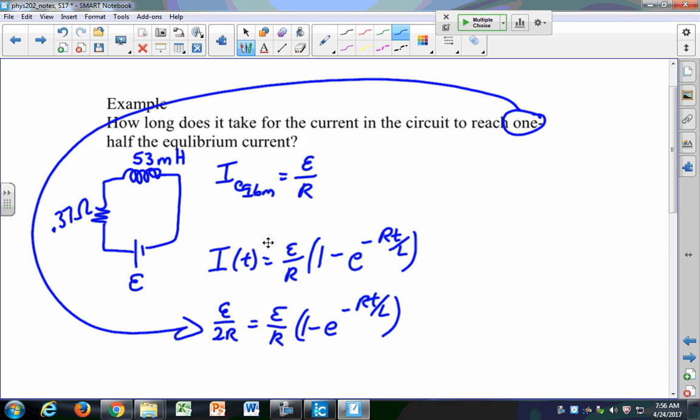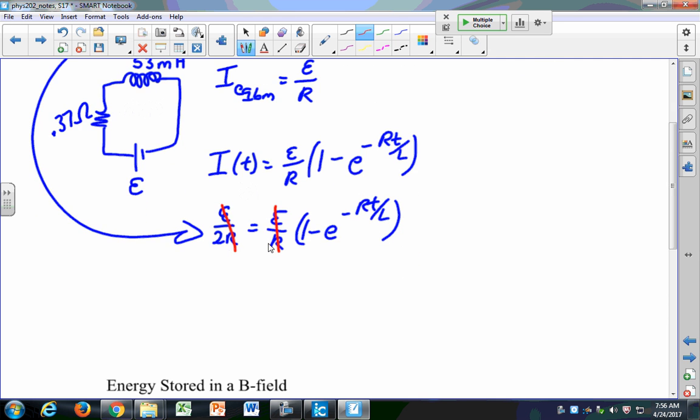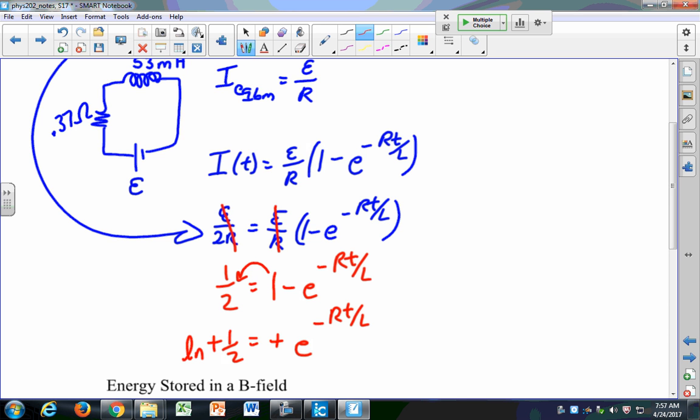I can do some cancellations here. My E over R's cancel out, and I'm left with 1/2 equals 1 minus e to the minus RT over L. This is negative 1/2, because I bring this over, I subtract it from both sides, equals negative e to the minus RT over L. This becomes positive, and then I take the natural log of both sides.